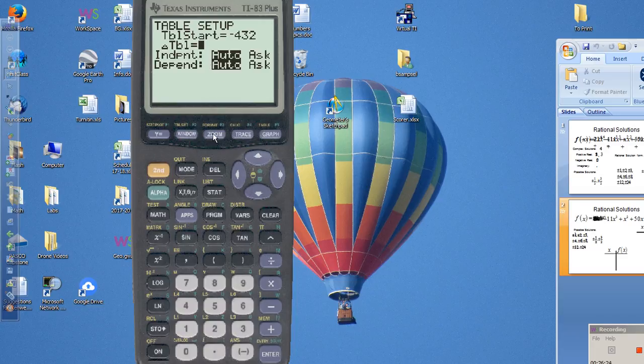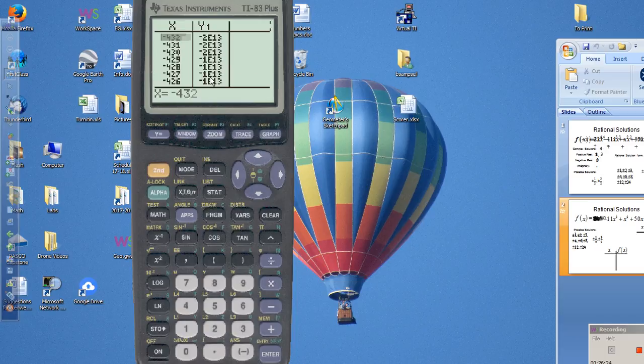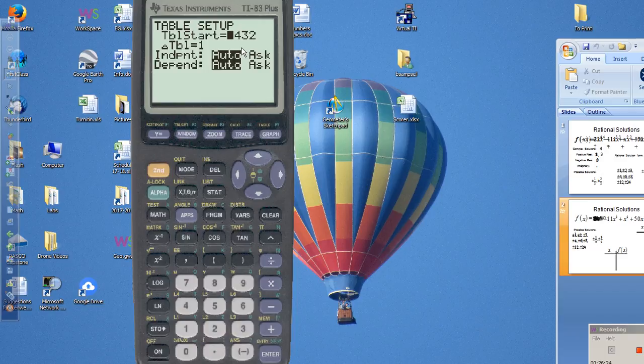Okay? Then you go to your table. And our goal is looking through the y1 until we get to 0. Now, since we started at negative 432, it's going to be a long way to the next one. So we actually can skip it.